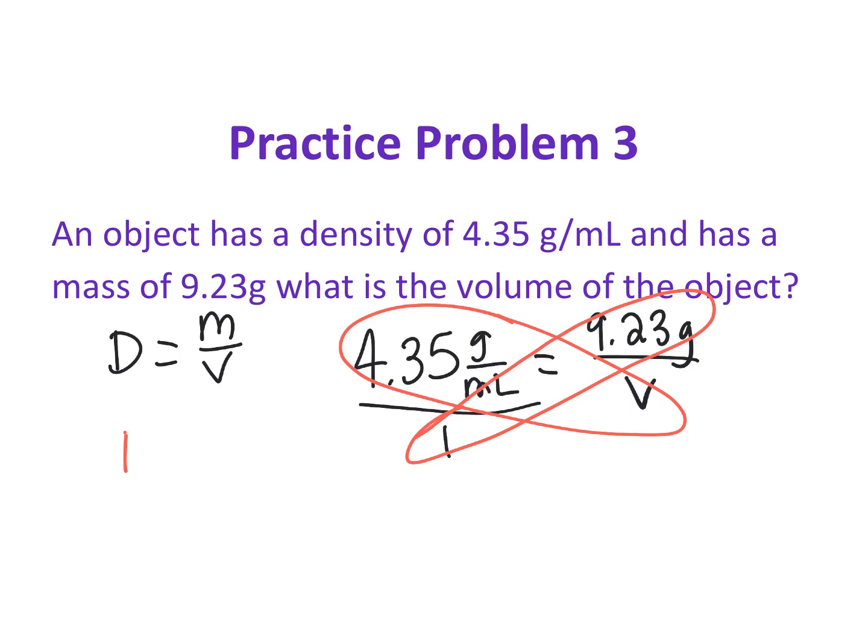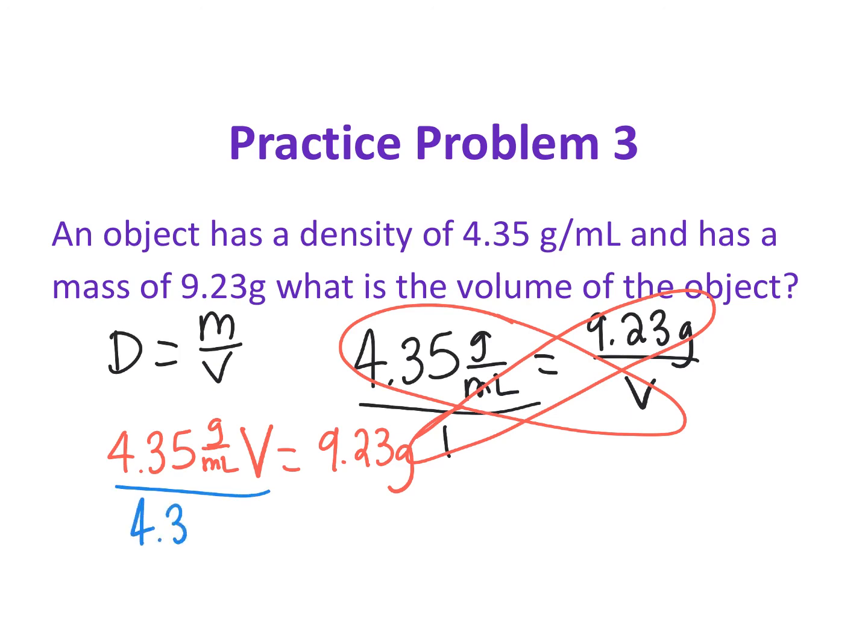So I have this problem here, 4.35 grams per milliliter times V equals 9.23 grams. Now what I'm going to do is divide both sides by 4.35 grams per milliliter. That cancels out.